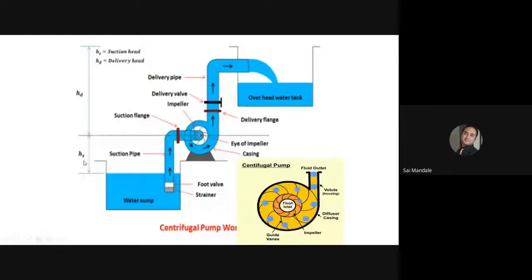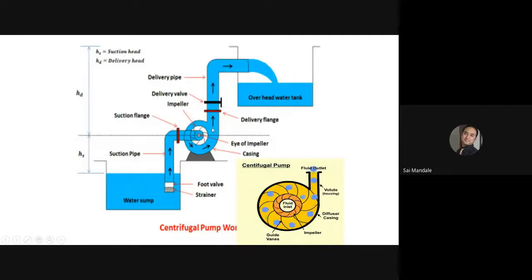And the distance from the axis of the pump to the head of the delivery pipe is called the delivery head. This is the delivery pipe, this is the suction pipe, this is the impeller. Along with that, there are the foot valve, strainer, delivery valves, and the impeller assembly.